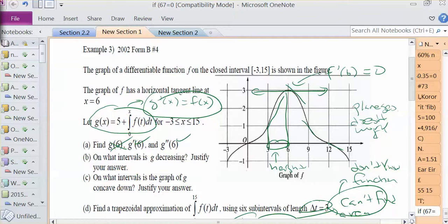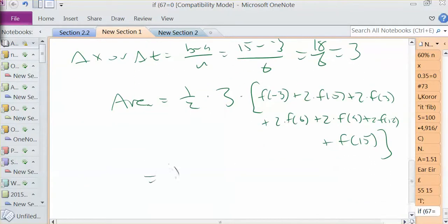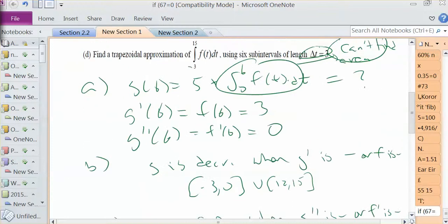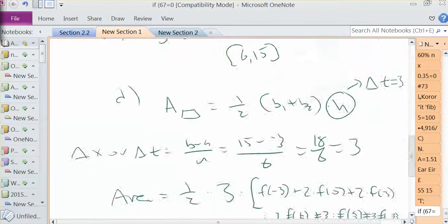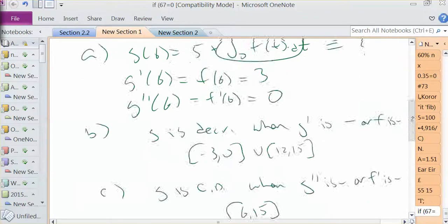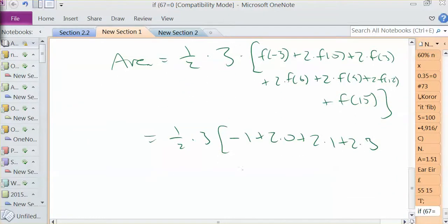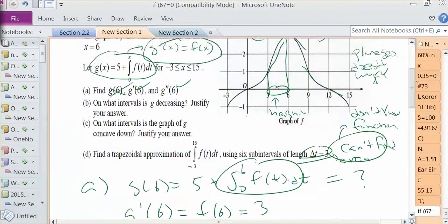I don't know what the y values are exactly for some of these. It's not very clear. Actually, you know what? It is clear. I lied. I know f of negative 3 is negative 1, plus 2 times 0, plus 2 times 1. f of 6 was 3. f of 9 is 1.